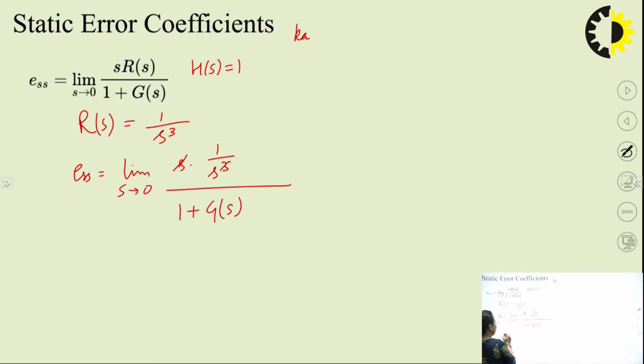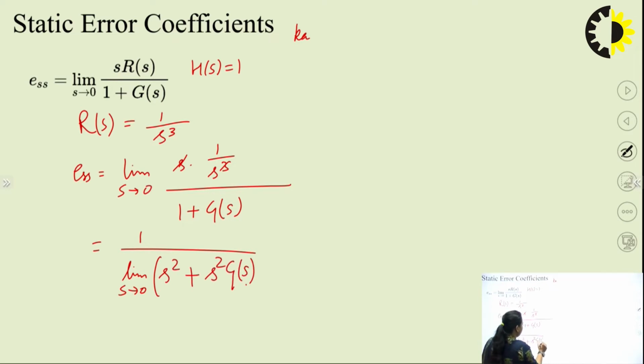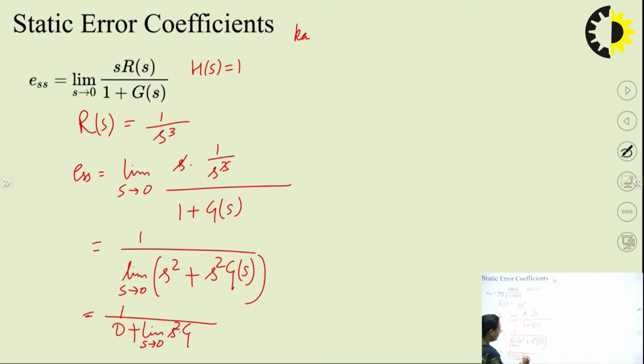So I can cancel this out and write limit s tends to 0 of s square plus s square into Gs in the denominator. The first term directly becomes 0 when I put the limit, and I get 1 upon 0 plus limit s tends to 0 of s square into Gs.